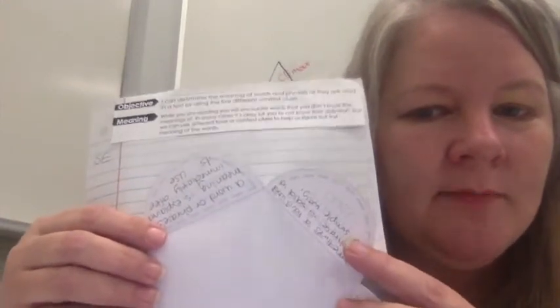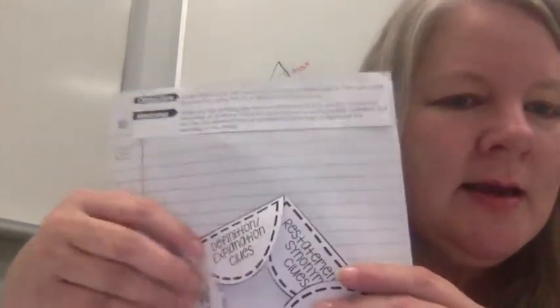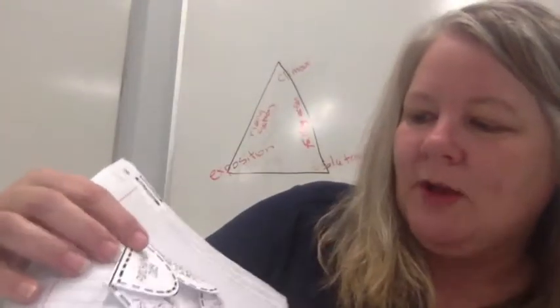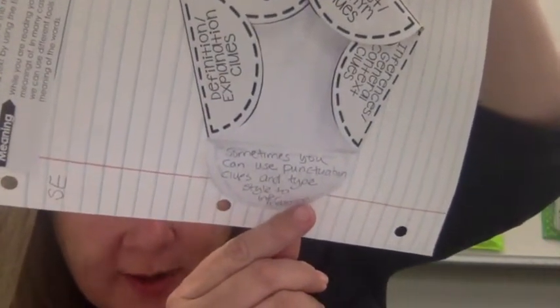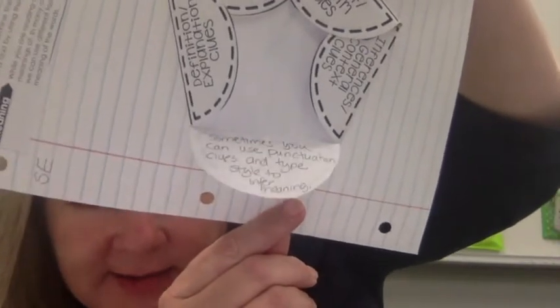So it might be easier for you to just write those things, because a lot of times when we write things, it helps cement it in our memory. So, for example, punctuation clues means that sometimes you can use punctuation clues and style that help you figure out the meaning. And sometimes, let's use contrasts or antonyms.